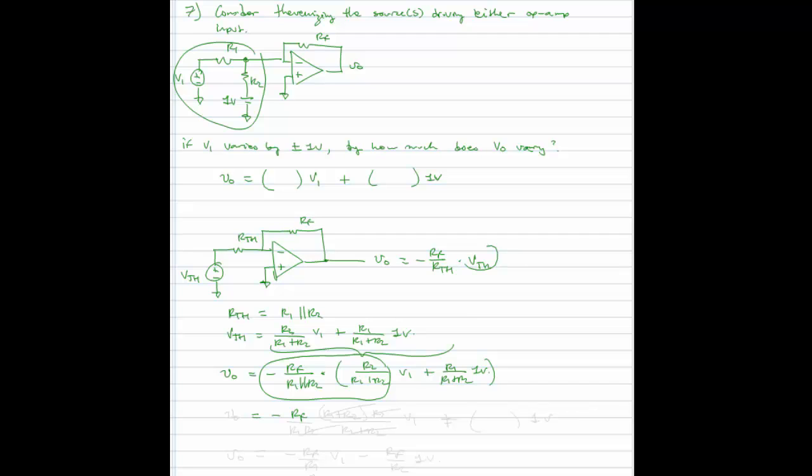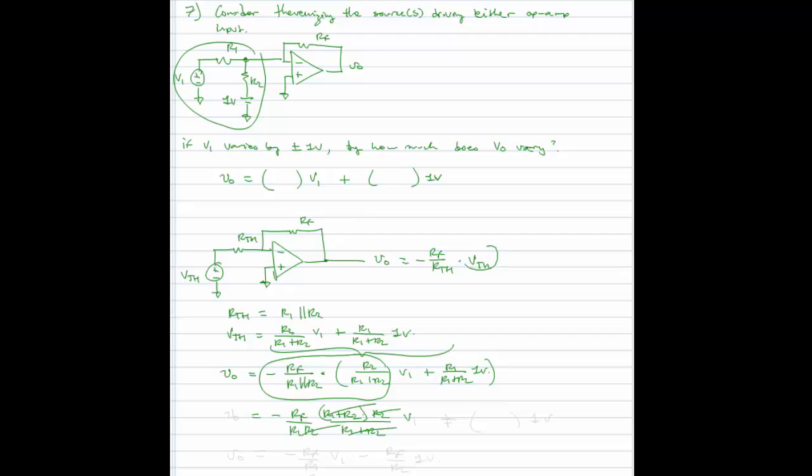Let's see. In this case, we're going to have R1 in parallel with R2 is going to be R1 R2. Maybe this was not necessary after all. Maybe this wasn't a good example. So this would cross out. I'm going to get RF over R1. Yeah, this was not such a good example.